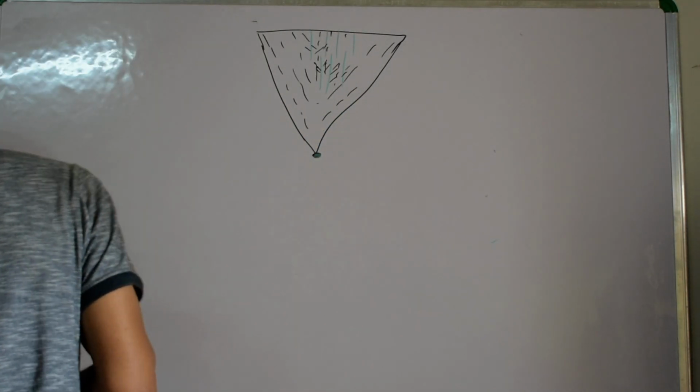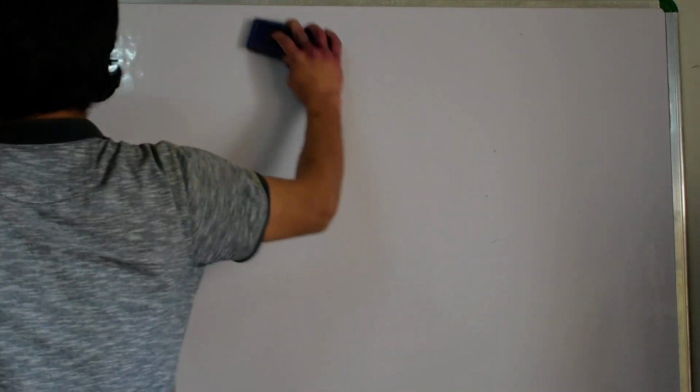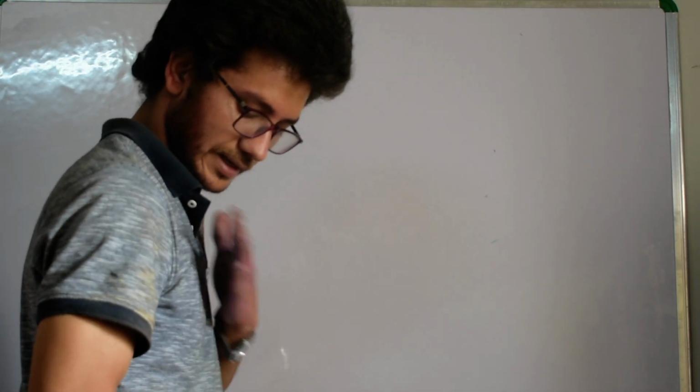Now we'll learn the origin of the muscle individually. What I told you, there are mainly 3 origins. One is from the anterior aspect.